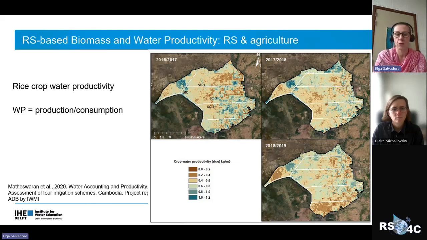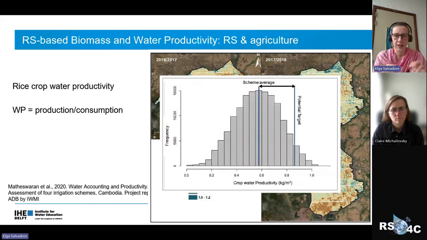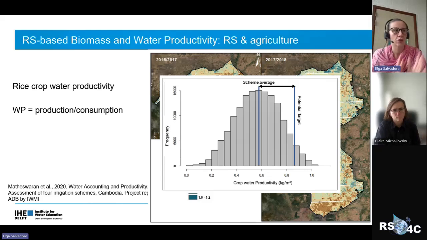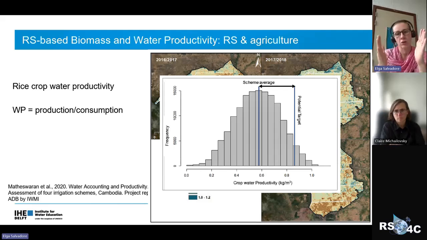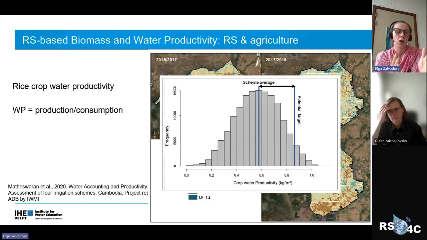And then you can use this information to understand what is possible at a local scale. So you will have an average of this crop water productivity, and you will have farmers achieving actually higher values, and you can use that as a target to try to improve to some achievable objective of improvement and become more efficient in the use of water.